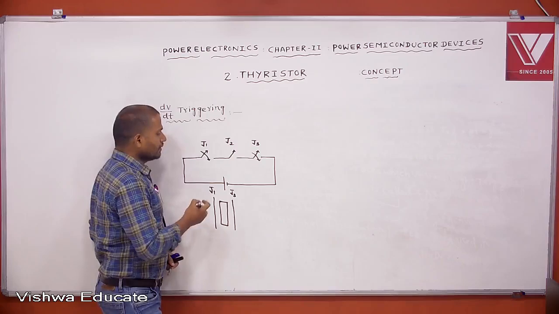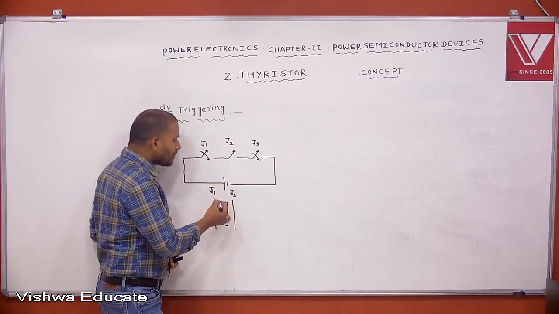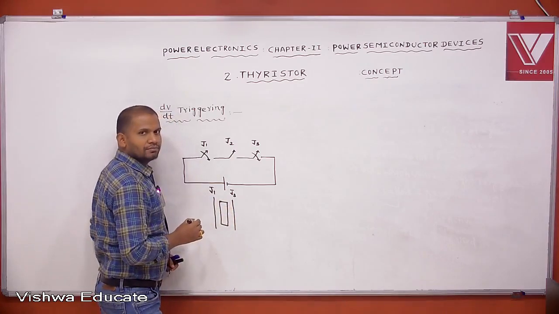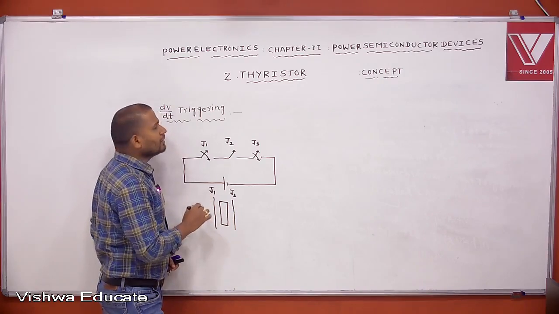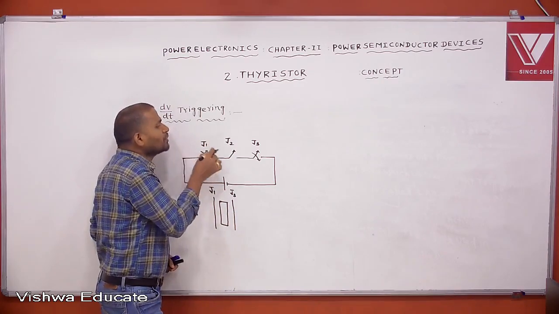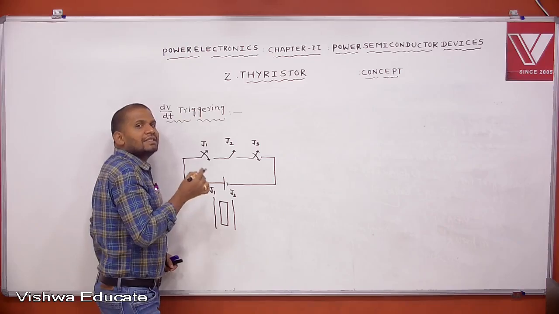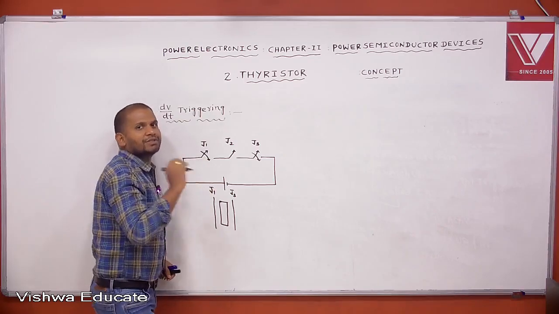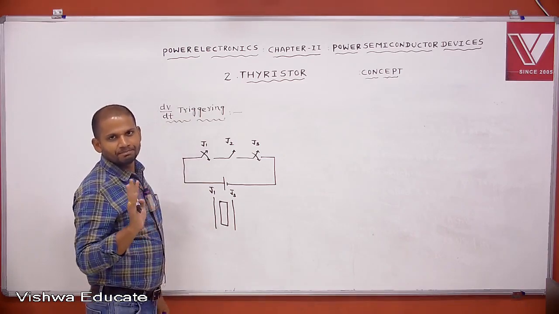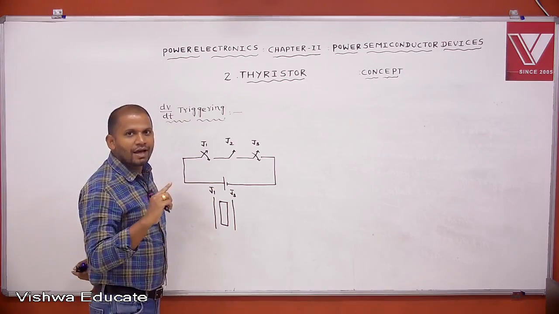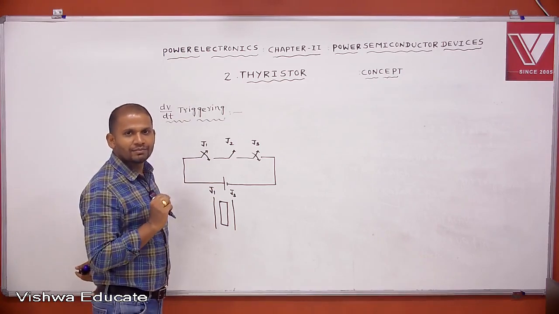That means two conducting plates are separated by one dielectric medium. That's the reason why, under forward blocking mode, SCR is equivalent to a capacitor.